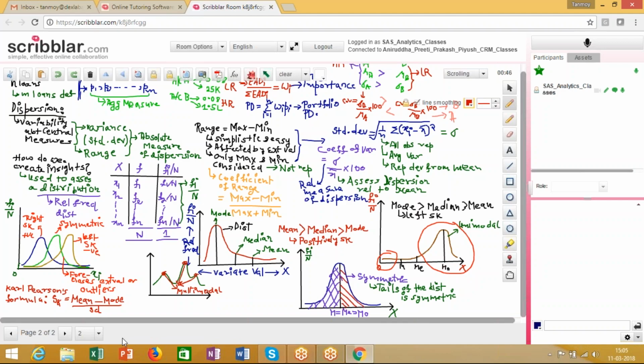This is Karl Pearson's formula for skewness. If I see that mean minus mode by standard deviation is greater than 0, that is, the mean is greater than the mode, then you know that the distribution is a right skewed distribution. If it is less than that, you know that it is a left skewed distribution. So this is a very basic formula, Karl Pearson's formula for skewness.